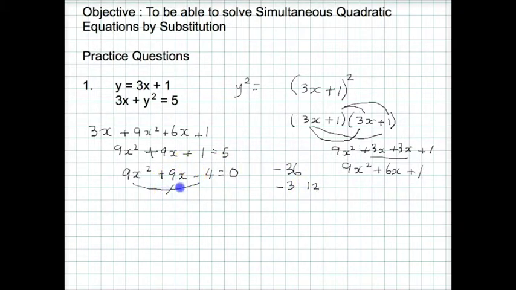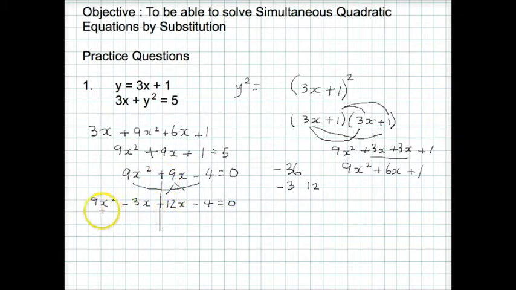Split the middle term into the minus 3 and the 12. Let's make sure we put the minus 3 first so it factorises with the 9. So we get 9x squared minus 3x plus 12x minus 4 equals 0. Factorise in pairs.